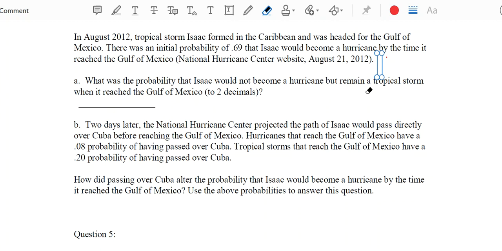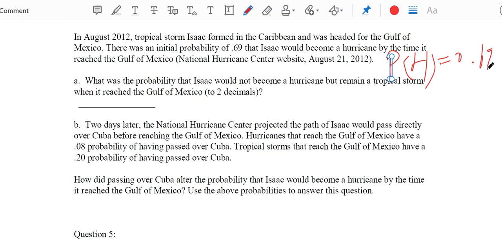That is the probability for an event. What is the event? The event is the hurricane. So we use H to indicate the hurricane. P(H) is 0.69.